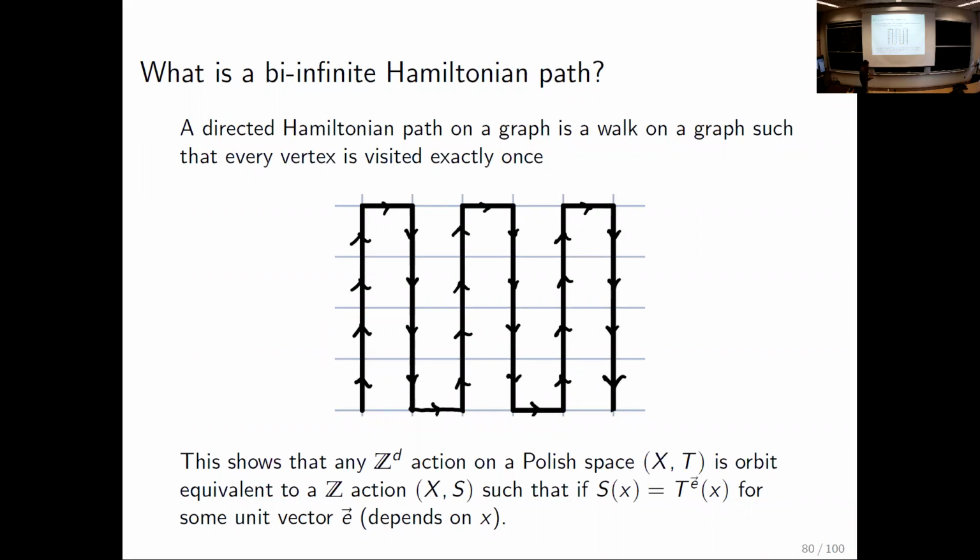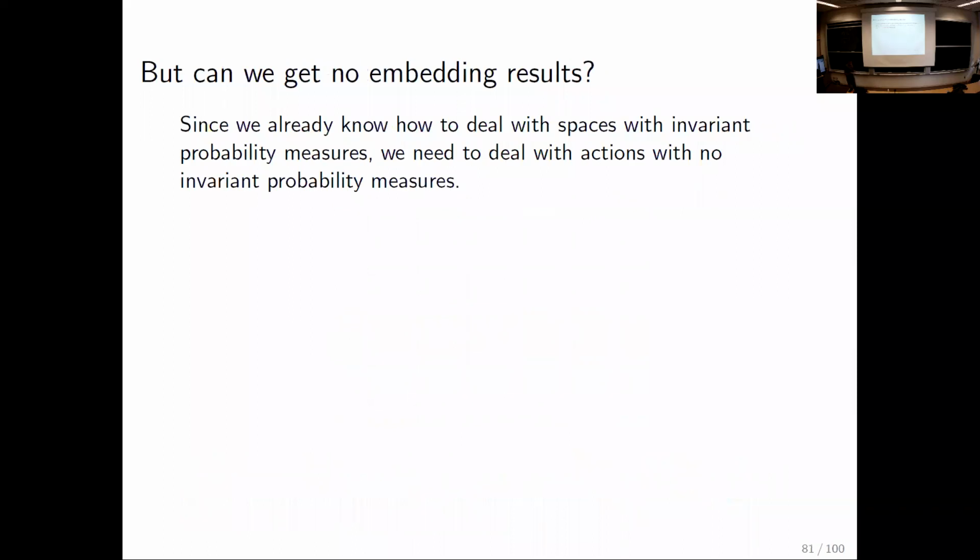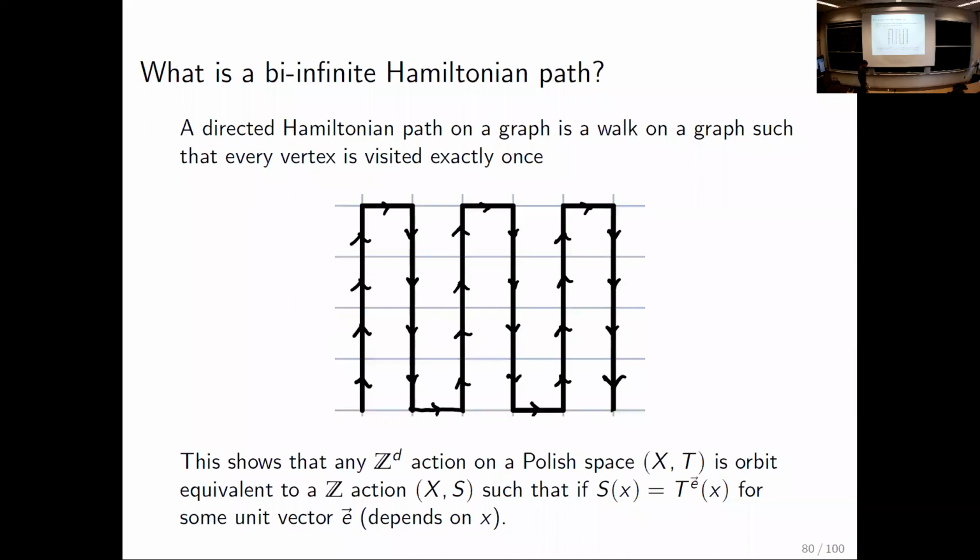If I look at a particular generator, it would move me along the coordinates. Now, if I have a Z action, it would move me along these diagonal Hamiltonian paths. So now the thing is the following.